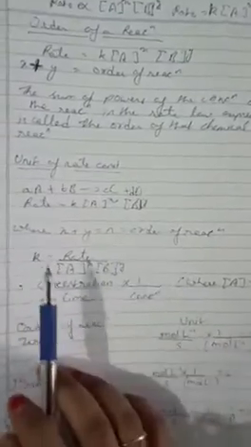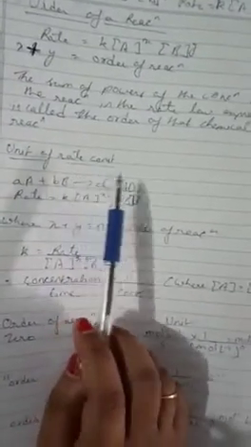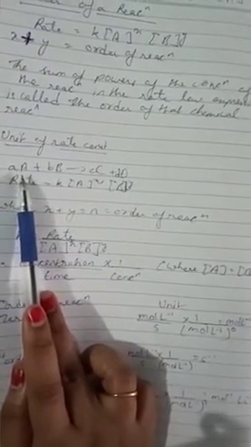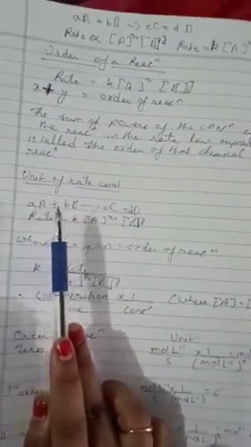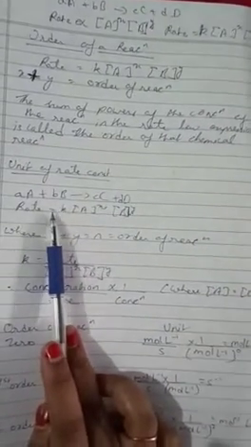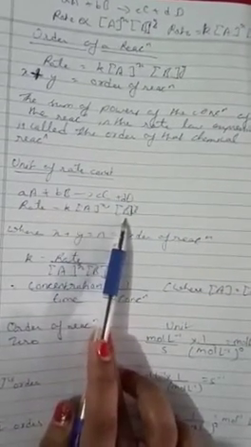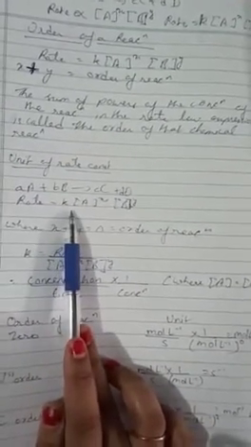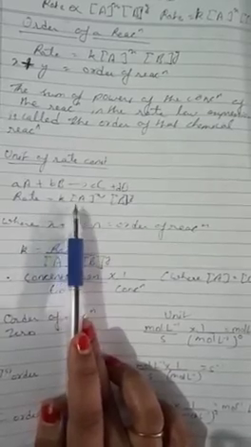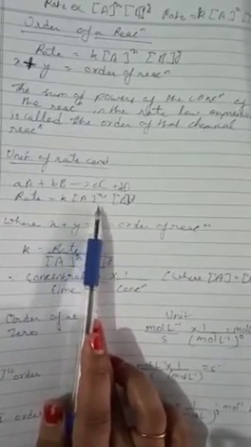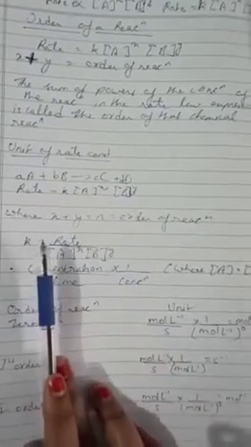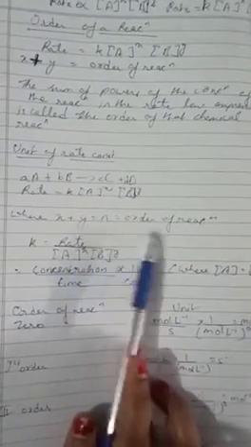So now let's move to the unit of rate constant. Let's take the example which we had taken earlier. The rate law will be expressed like this: rate is equal to K, the proportionality constant, into concentration of A raised to the power X and concentration of B raised to the power Y, where X plus Y is equal to n, the order of reaction.